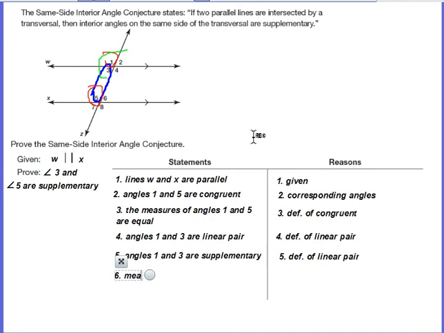So measures of angles 1 and 3, let me just do it like this. I'll just put M1 plus M3 is equal to 180.